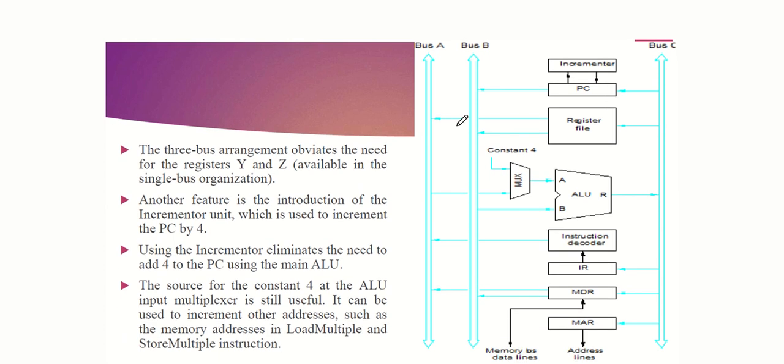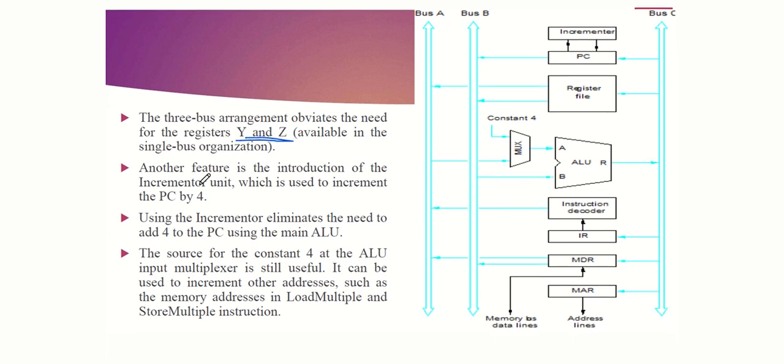Now let's see. The three bus arrangement obviates the need for registers Y and Z. Yes, I think I explained it already. Then another feature is the introduction of the increment unit, which is used to increment the PC by 4. Realize that in the previous one, we didn't really have an increment unit.